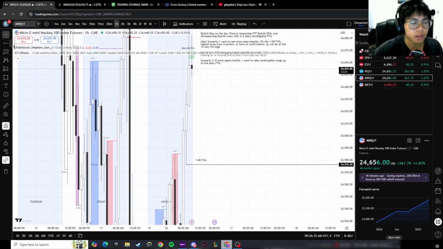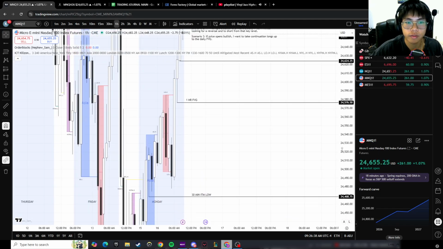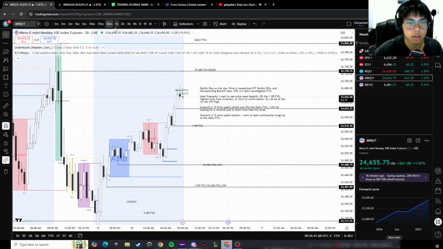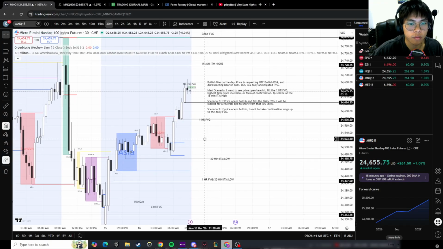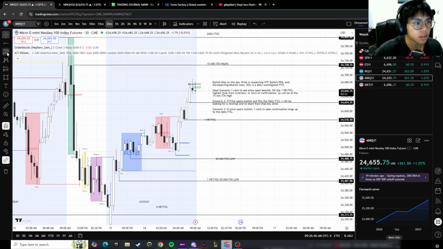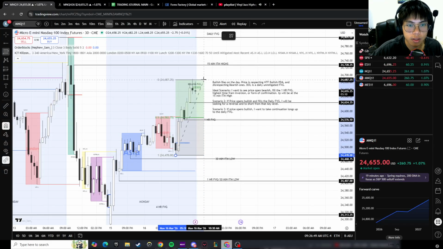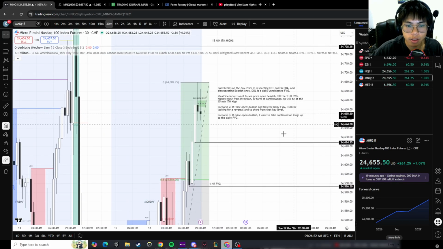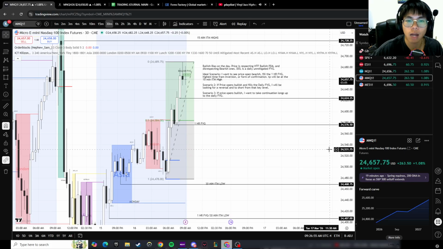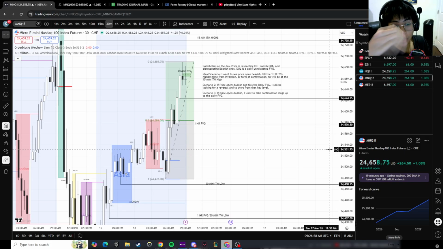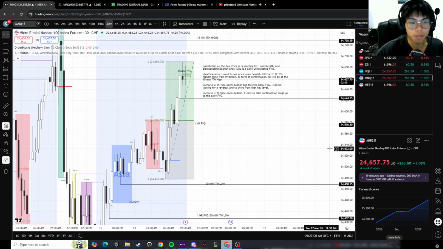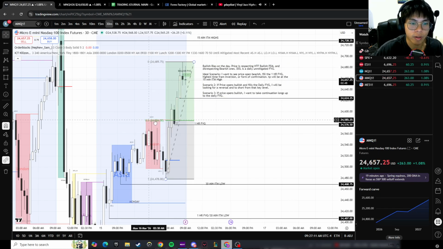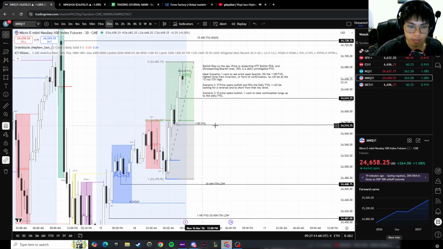There is one right here as well. The reason I liked it: if we take this range here, the equilibrium of this 30-minute range is in line with this. From the low to the high, the equilibrium is the 0.5 or 50% mark here.